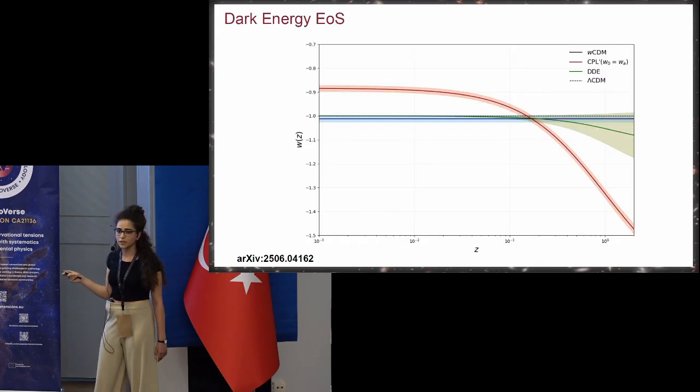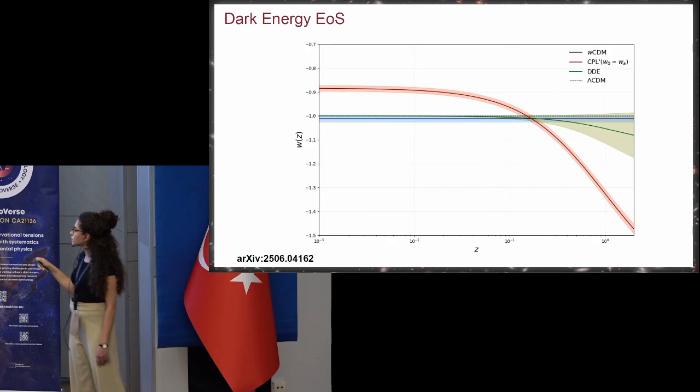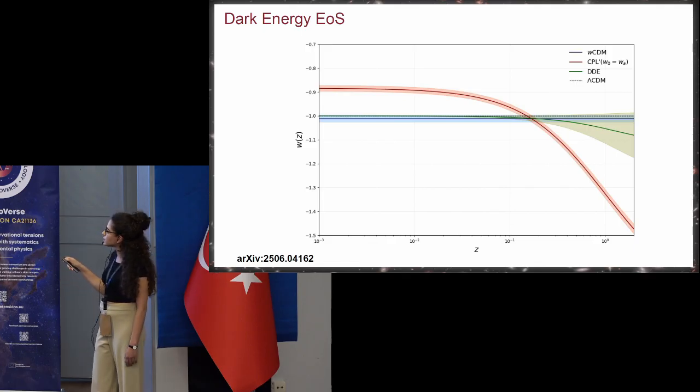And this is the reconstruction of the equation of state for the dark energy. Again, we see that for the redshift-dependent PL model we initially have a quintessence trend, then a phantom crossing around a redshift of 0.2. The blue one is the wCDM model, which is phantom.